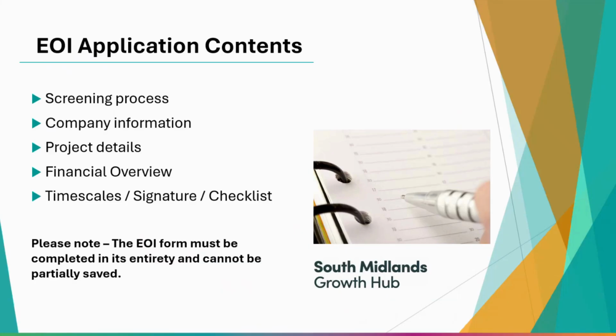So just to discuss the expression of interest application contents, first of all, we're going to look at the screening process. Then we're going to look at the company information, the project details, the financial overview, and the timescale signature checklist. So this is all the information that you'll be asked to include on your expression of interest form.